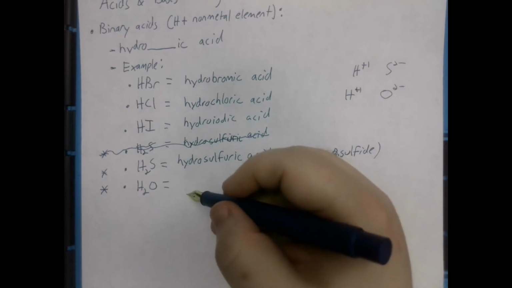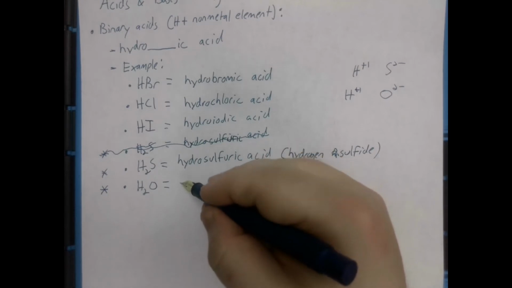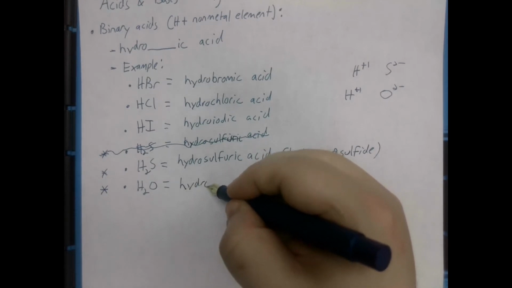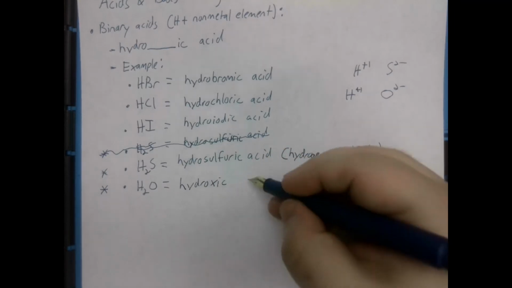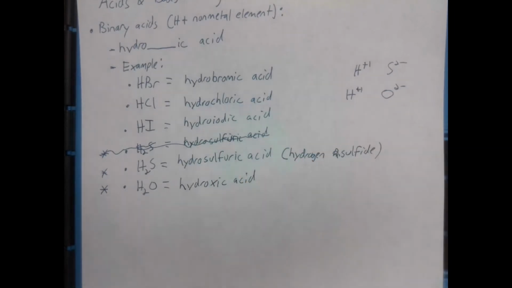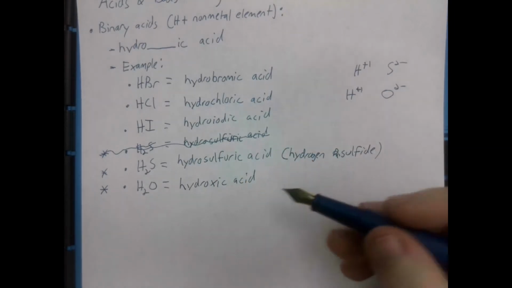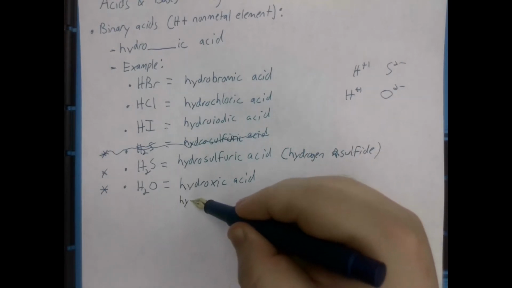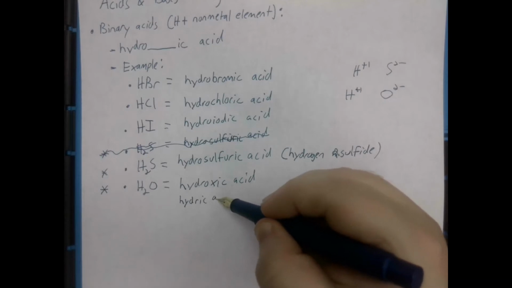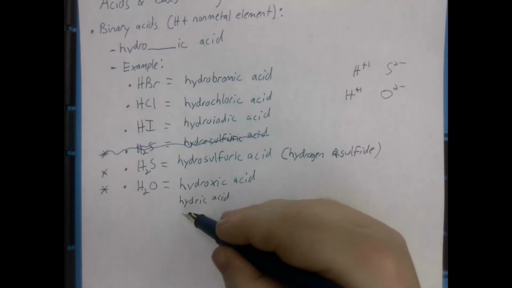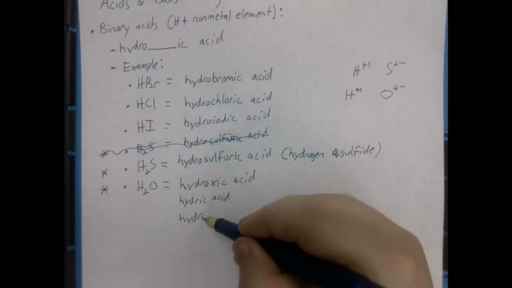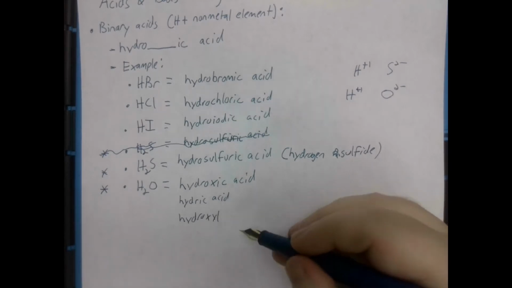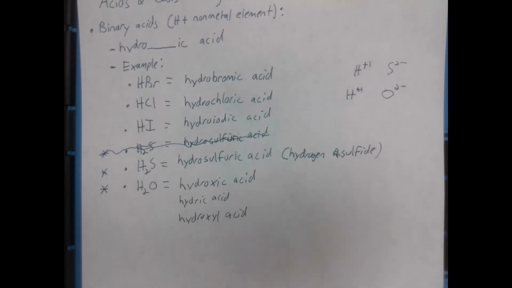But some proper acidic names would be hydroxyic acid. Another name for this, some less common ones, is hydric acid and hydroxyl acid. These are other naming schemes we will definitely not cover in high school.